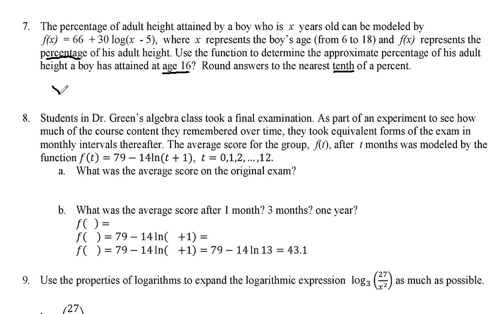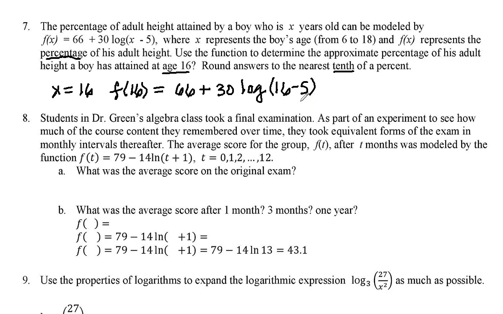So what they're saying is that x equals 16, and we want to plug it into our function. So f of 16 is going to be 66 plus 30 times the log of x minus 5. So that's 16 minus 5, so that's 11, the log of 11.